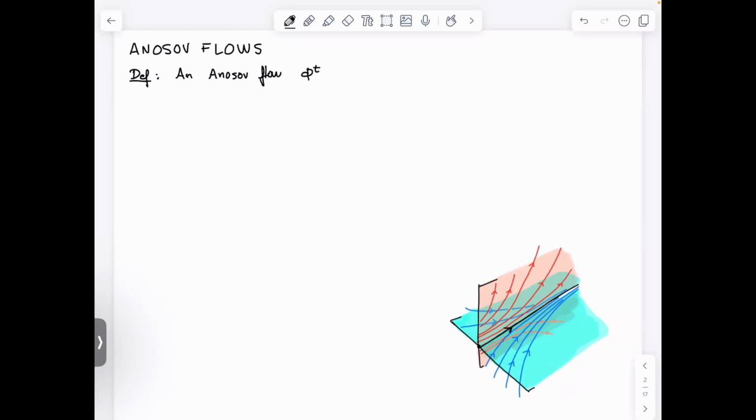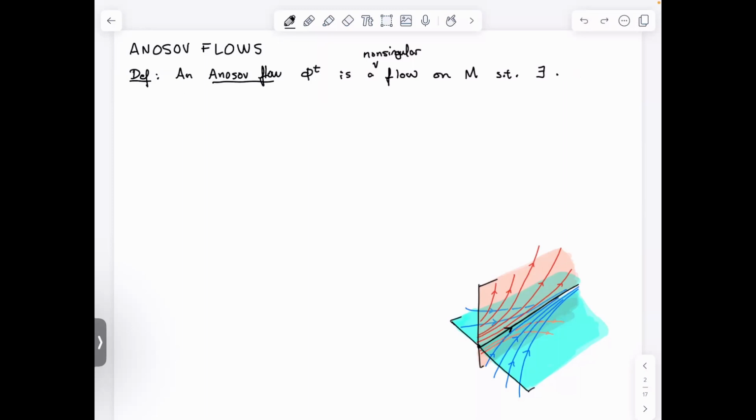So a flow is just like a 1-parameter family of diffeomorphisms, in the sense of continuous movement. Well, it's a flow, or I should say non-singular, meaning every point moves, on some manifold equipped with the Riemannian metric, with the property that there exists... sorry, I want to give actually the differential definition.